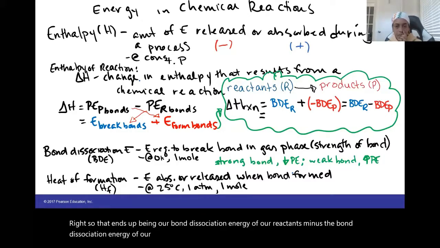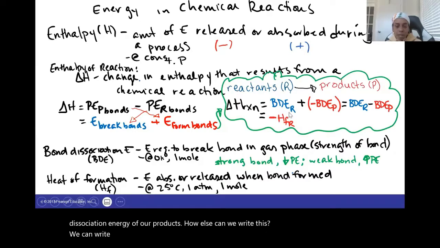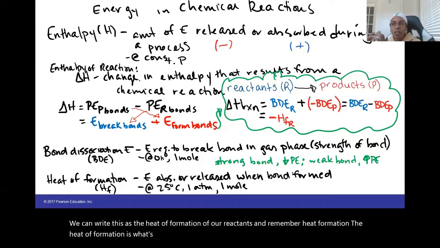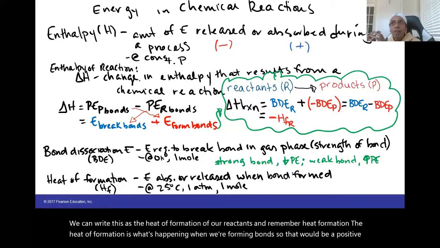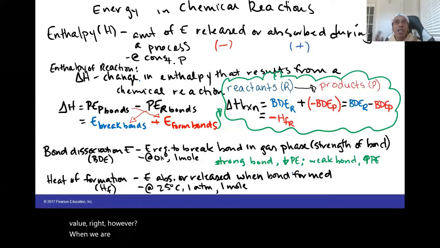How else can we write this? We can write this as the heat of formation of our reactants. And remember, the heat of formation is what's happening when we're forming bonds. So that would be a positive value, right? However, when we're breaking bonds, the heat of formation is the opposite.